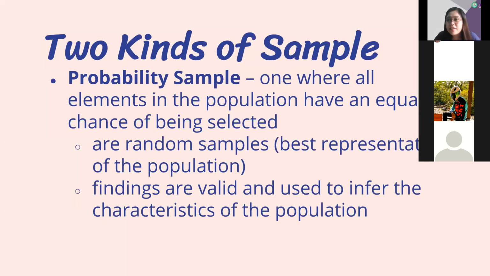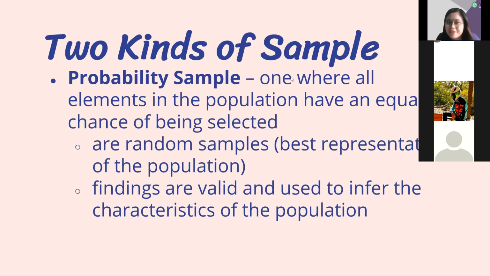Random, okay? It cannot be just you, for example, picking your classmate because you appeal to them, saying, oh, not this one, never mind the others, then it is no longer random. So they do not have equal chance. Later we will discuss how we are going to do the random sampling. The findings of this type of research technique, when we do probability sampling or random sampling, are considered valid, and we can use that to make inferences and generalizations for our population. Okay?